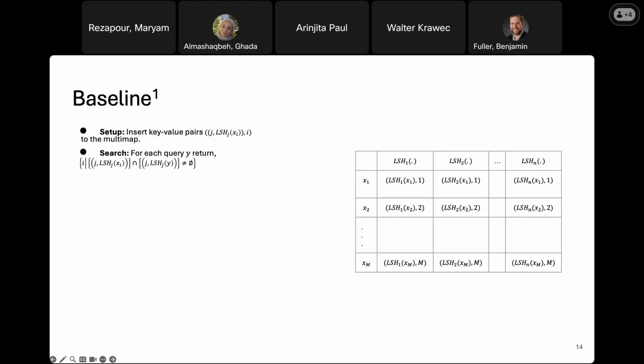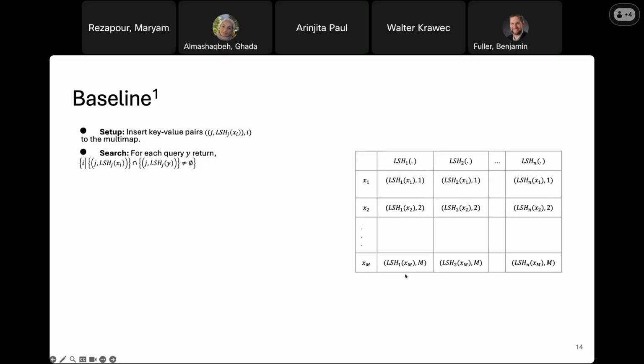We compute the evaluation of all the LSHs over all the records and associate each LSH evaluation to the index of each record. So here for X1, we have LSH1 evaluation of X1, LSH2 evaluation of X1, through to LSH n evaluation of X1 as being assigned to index 1. The same is for X2 and up to Xm.